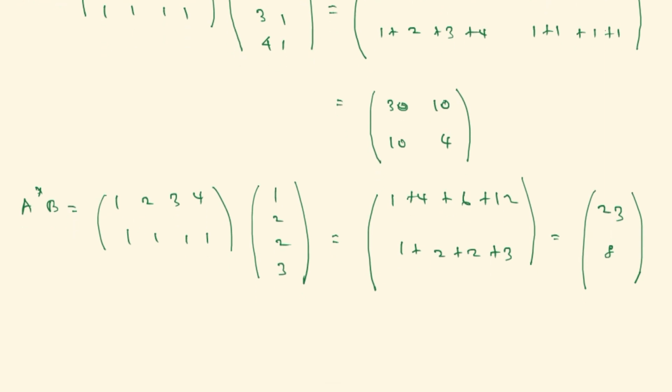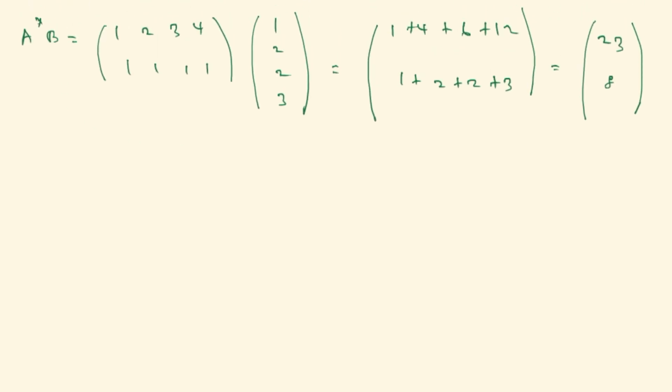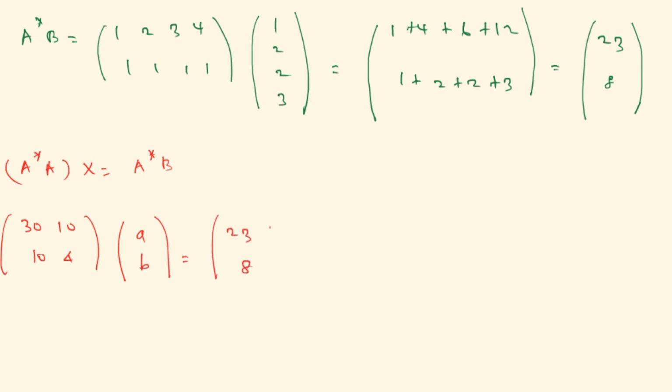Now the normal equations become A star A into X equal to A star B. A star A is 30, 10, 10, 4, into X, and A star B is 23, 8.